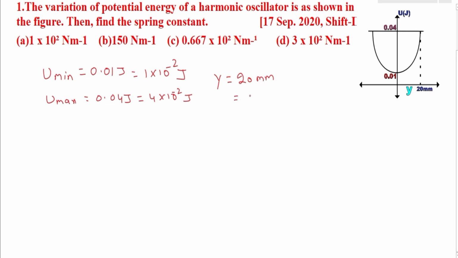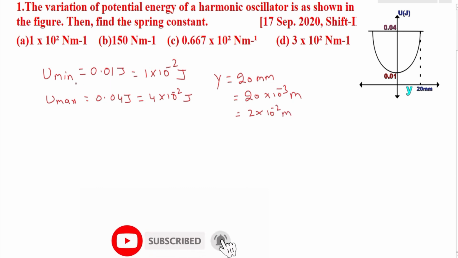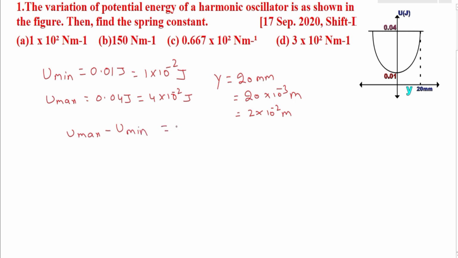That is 20 into 10 power minus 3 meters, that can be written as 2 into 10 power minus 2 meters. Now this variation of potential energy, that is U max minus U minimum, this difference in potential energy will be equal to half k y square.